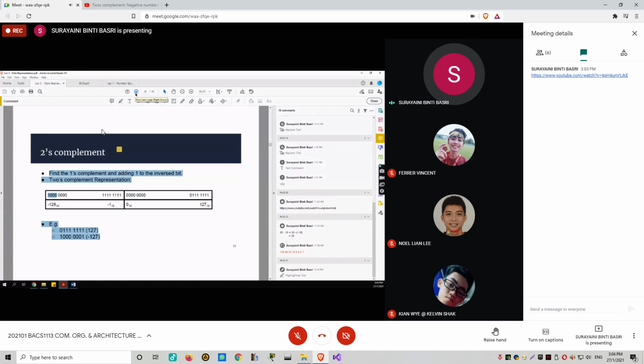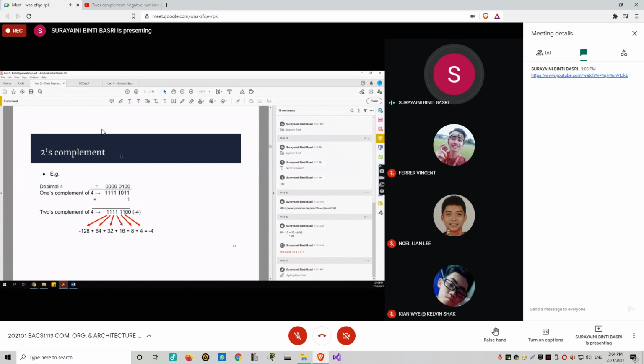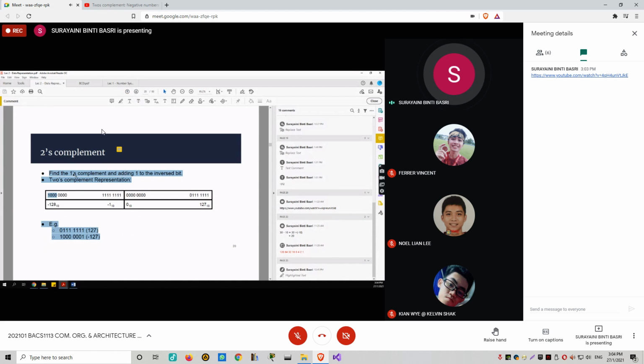For this two's complement, how we do it is, you need to find the one's complement first, and add 1 to the inverted bits, meaning you first change the number. For example, you change all of this to the inverse bit first. After that, we add 1 to that inverse bit. What does it mean?